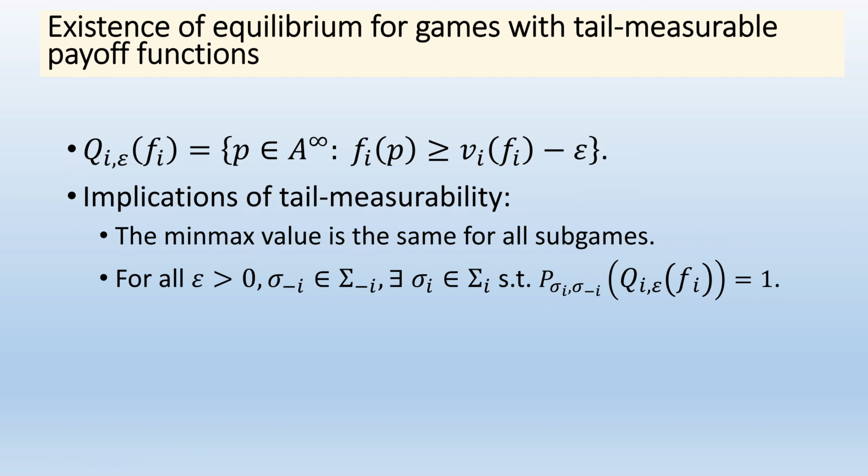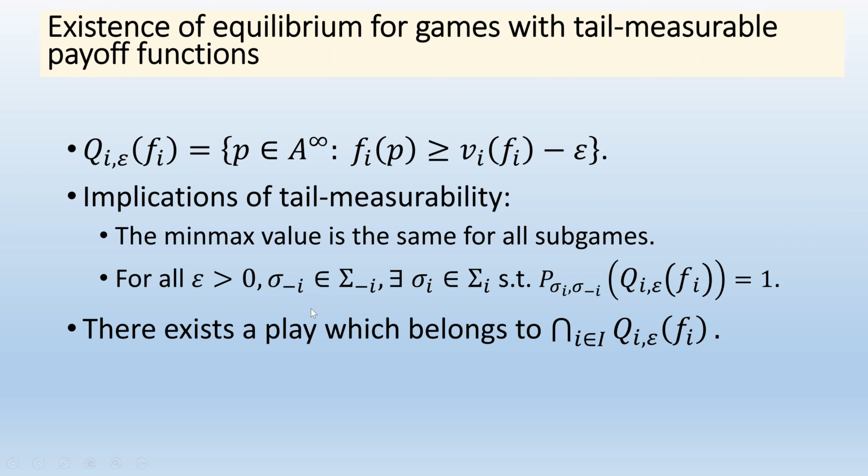So the min-max of this set is 1, and then we can employ similar reasoning to what we had before to show that there is a play that is in the intersection of all these Q_i epsilons for every epsilon. So this is basically repeating the same technique.